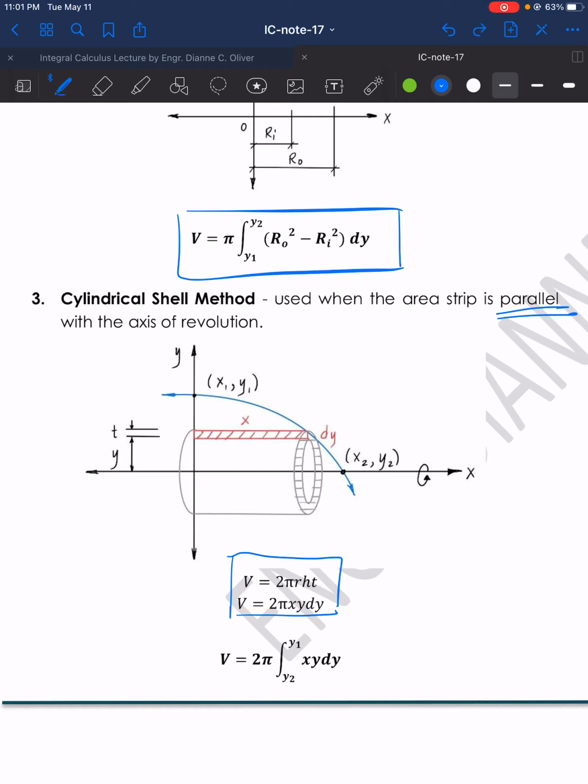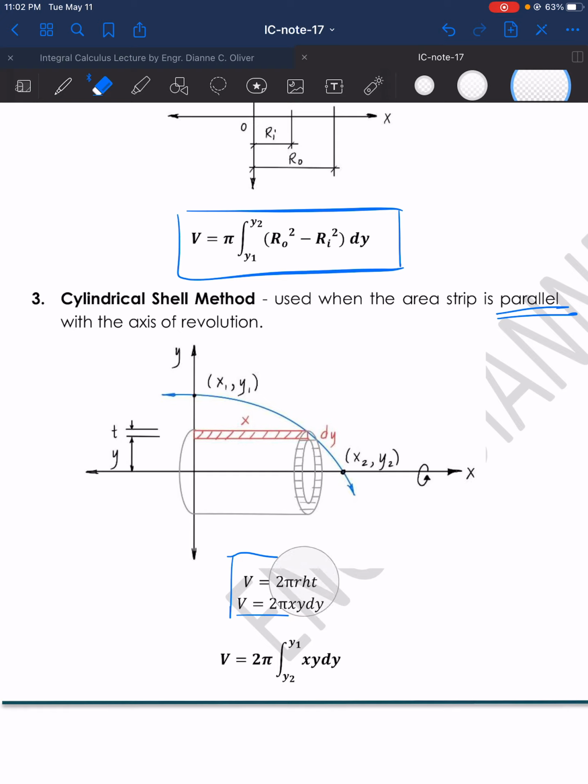Now using the horizontal area strip, that becomes 2 pi y, y being the radius. Then we have the height as x and the thickness as dy, or that is volume is equal to 2 pi xy dy.